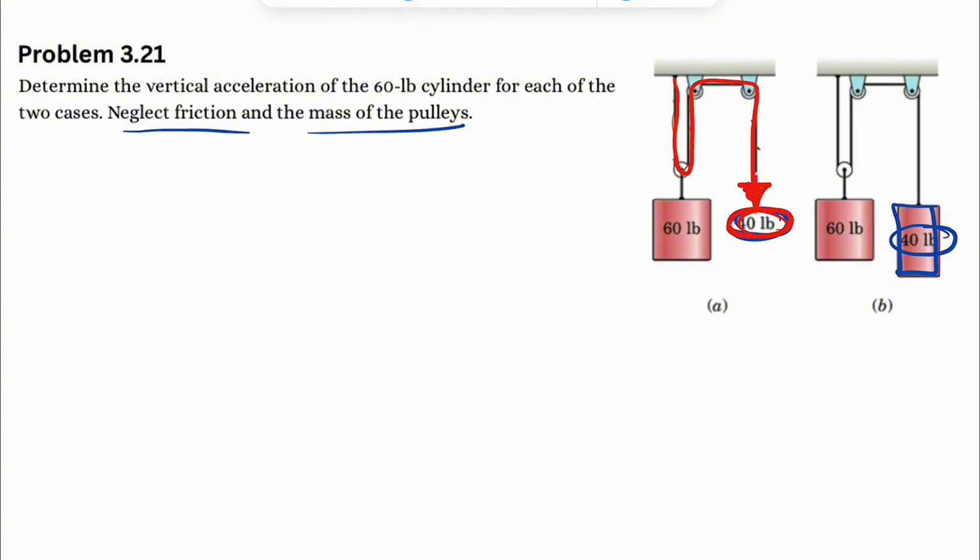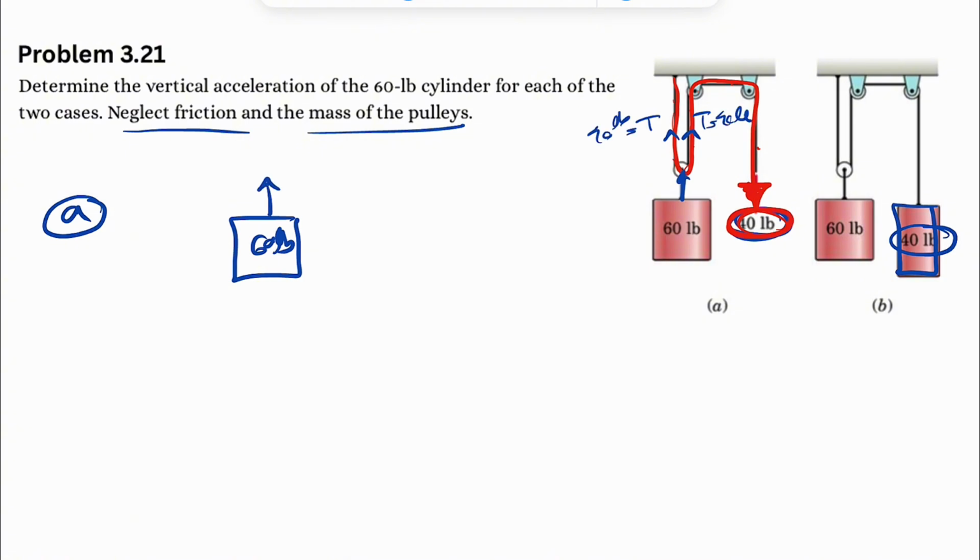So if you want to show the free body diagram in here, we can show the free body diagram for this 60-pound weight. So we're talking about the A part, and we have the 60 pounds that is attached to one pulley, and this pulley has a tension of T, or 40 pounds, here.